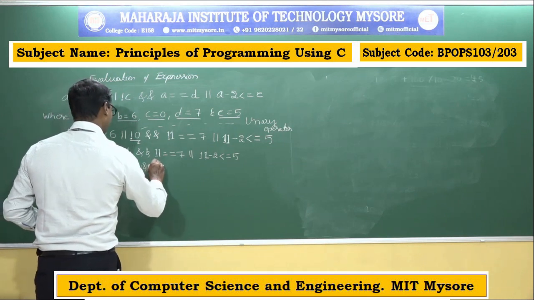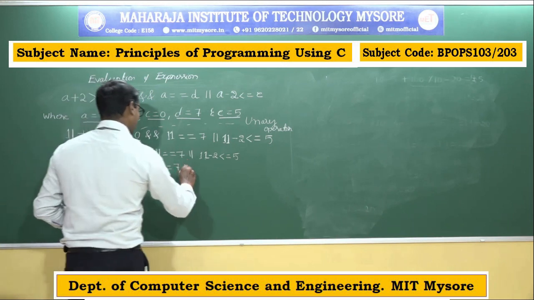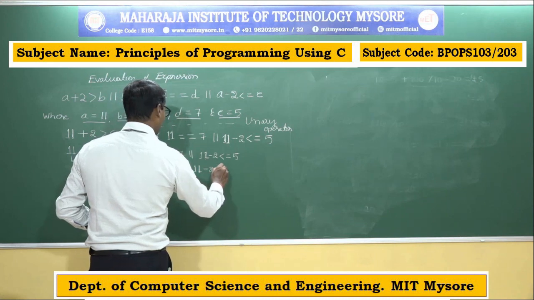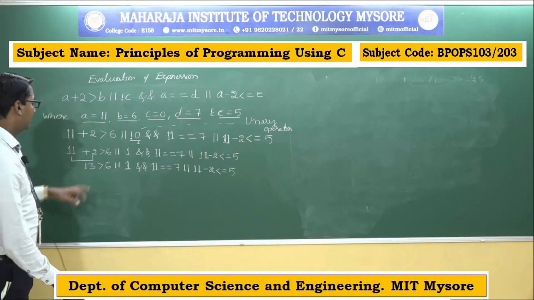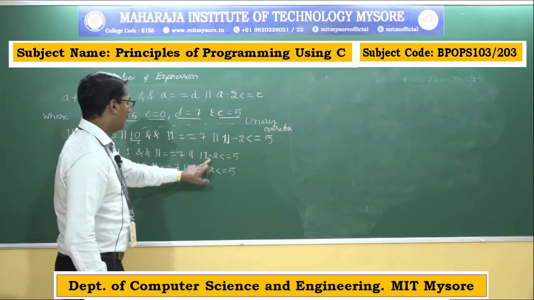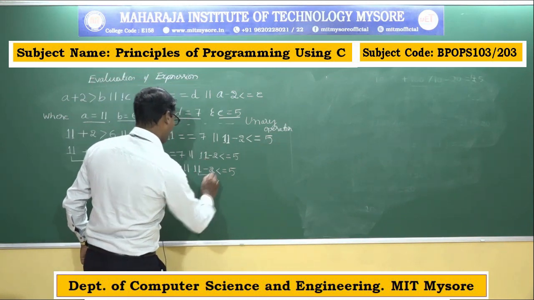and 11 equal 7 or 11 minus 2 less than or equal 5. Okay. Here first addition will be evaluated. Later one more arithmetic expression, that is 11 minus 2.